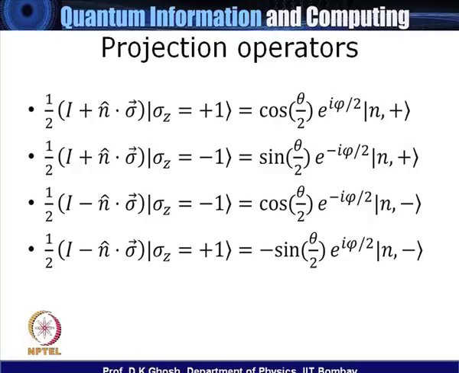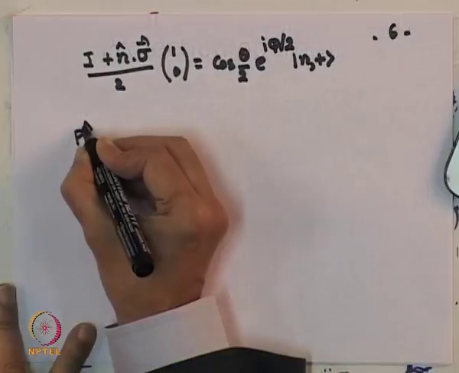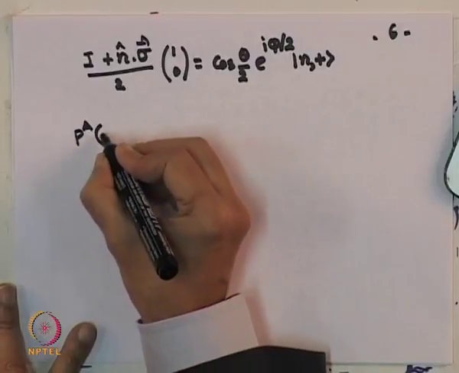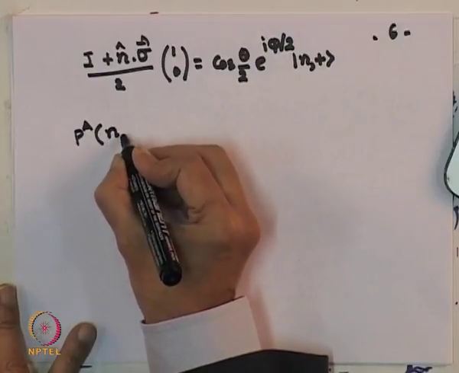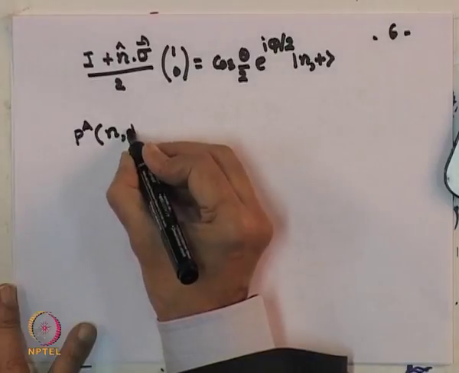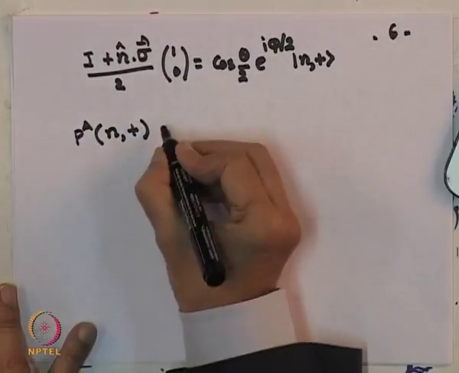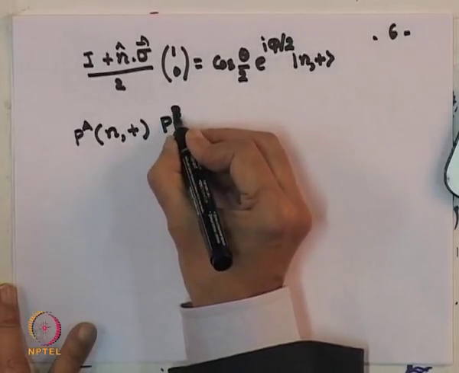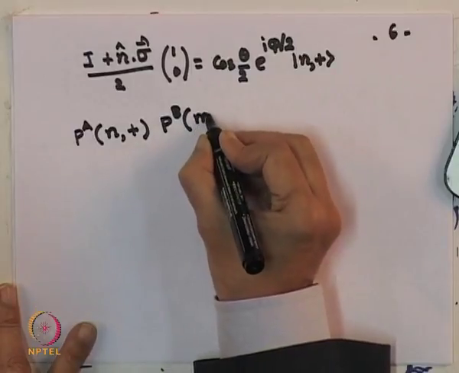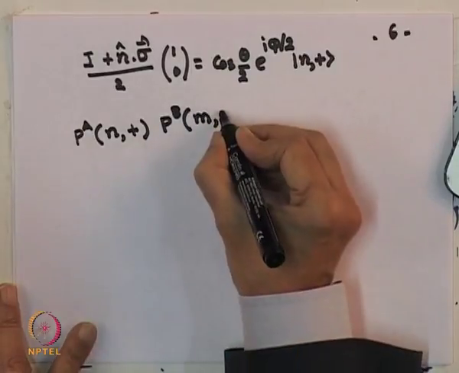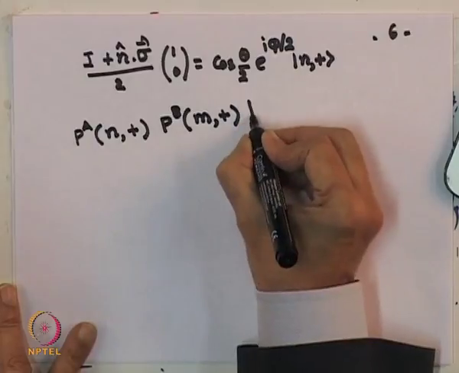But then let us look at what this quantity gives me. Alice makes a measurement along the axis n using this operator, Bob along some direction m, also plus, on psi.